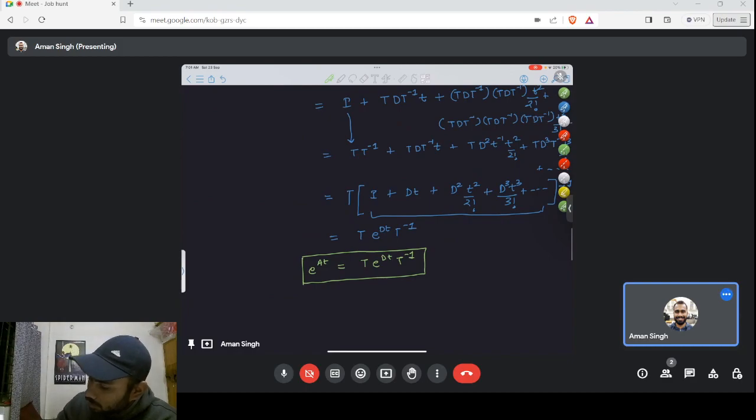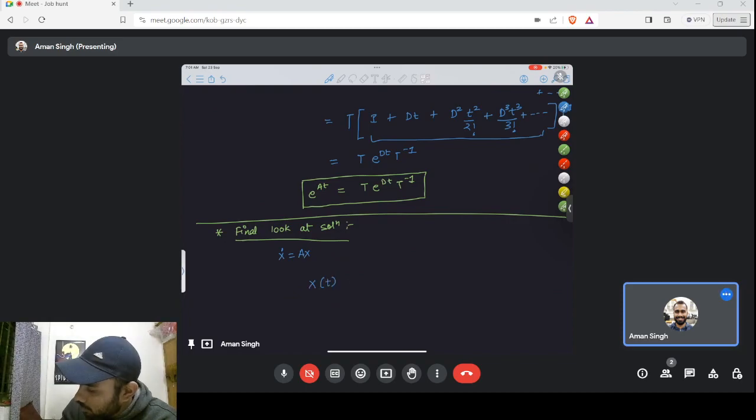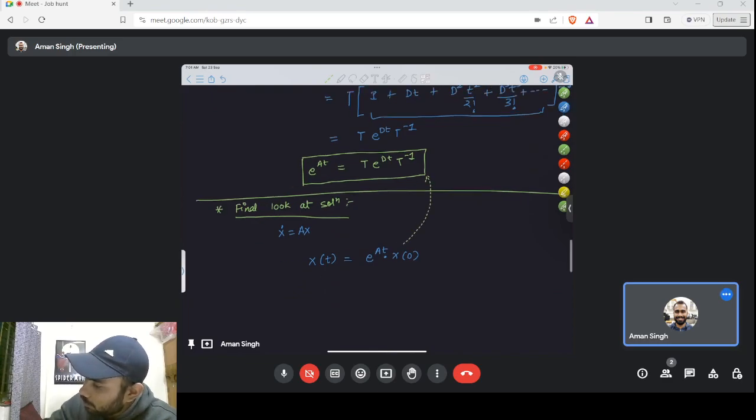Now let us look at the final solution of the equation once again. If x dot is equal to Ax, then the solution was x(t) equal to e to the power At x naught, which by this relation can be written as x(t) equal to T e to the power Dt T inverse x naught.